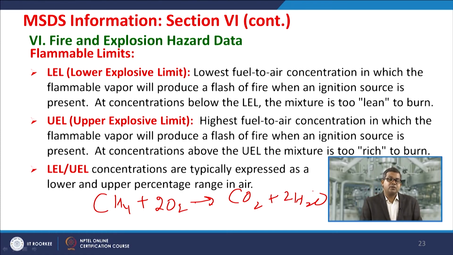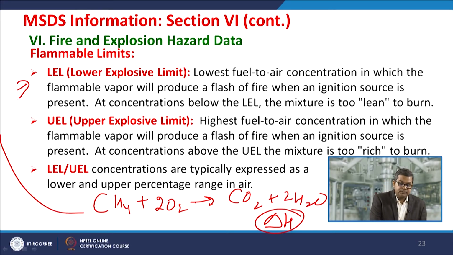This is the chemistry of combustion: 1 mole of CH4 requires 2 moles of oxygen. So if oxygen is present in less than this required amount, there will definitely be no fire. This information must be known by those working in this arena.